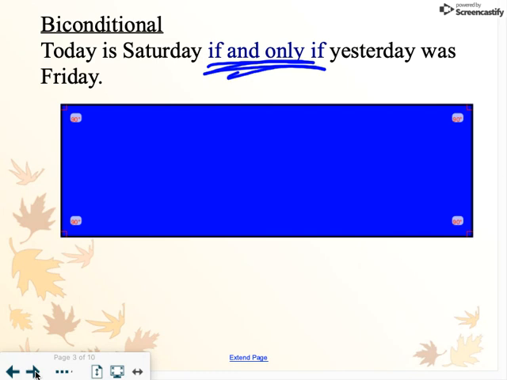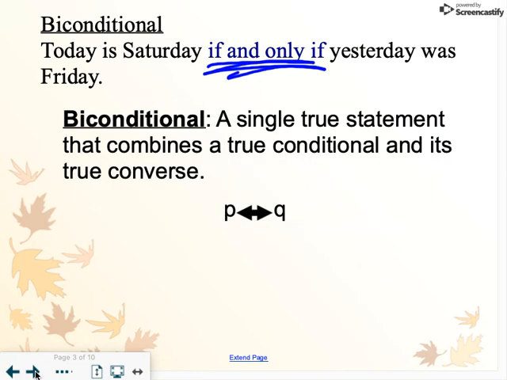Because it is true both ways. And so a biconditional is a single true statement that combines a true conditional and its true converse. So if the conditional and the converse are true, we can then make a biconditional.